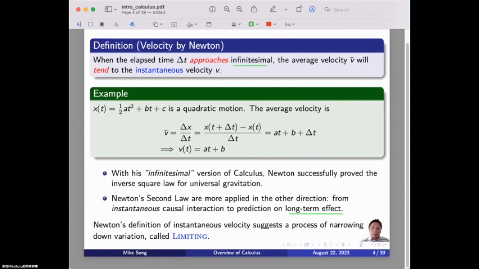When looking back at Newton's definition of velocity, you should notice the emphasized words approach and tend. This is just a process of narrowing down variation, and we call it the process of limiting, which will be elaborated in the following section.